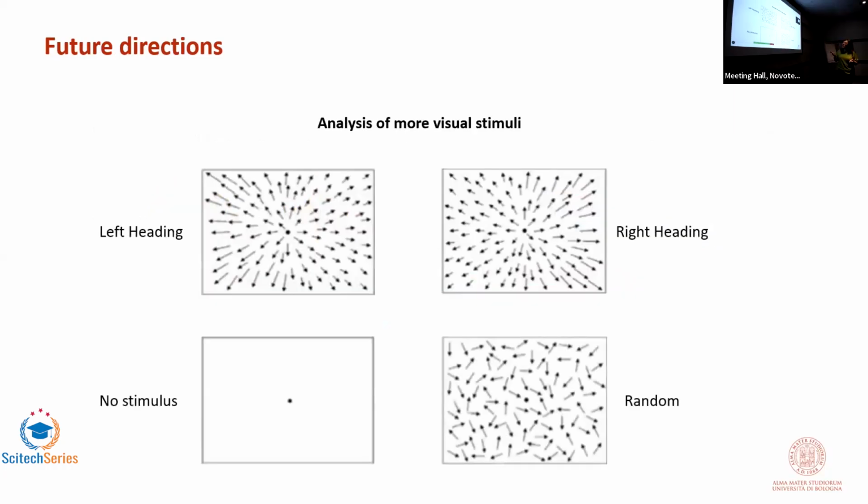The last thing for us to do is to analyze more stimuli, because we also used left heading, with dots accelerated on the left, and right heading, with dots accelerated on the right, and two controls: random dots, where there is no specific structured motion, and fixation in the dark with no stimulus.